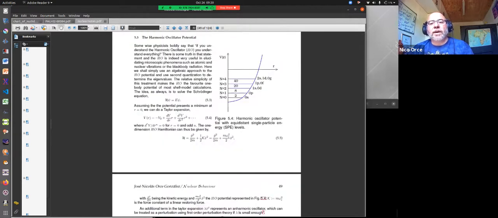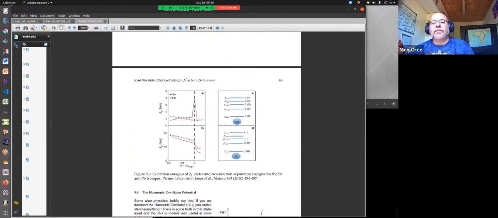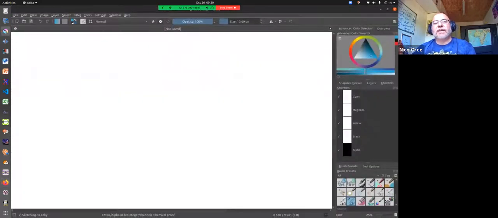We don't know anything about the shell model yet, but we're going to explore the harmonic oscillator. In the new edition I'm sending you, this is page 48. We're going to deduce the energies of the harmonic oscillator potential. Things are more or less explained there, but not in super detail, so we need to do some calculations ourselves.